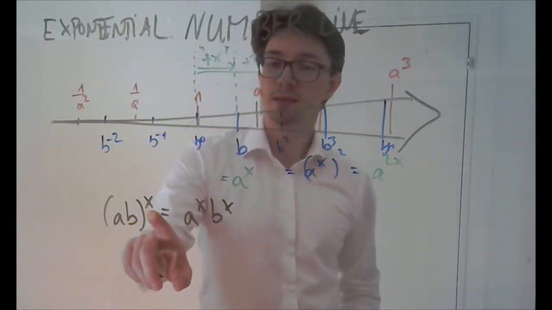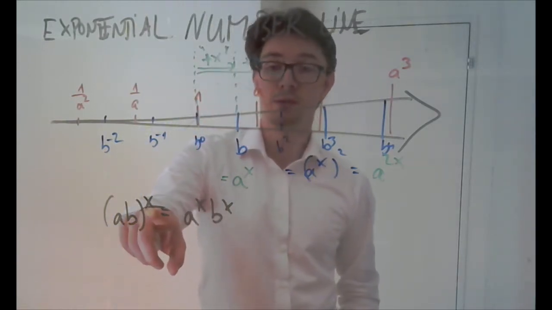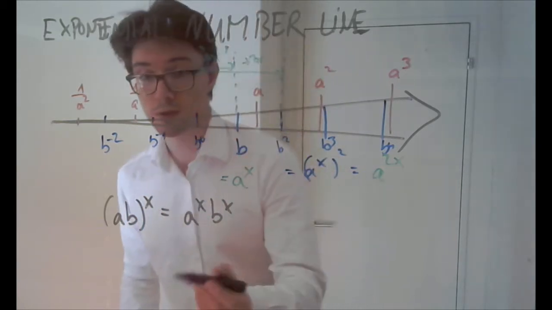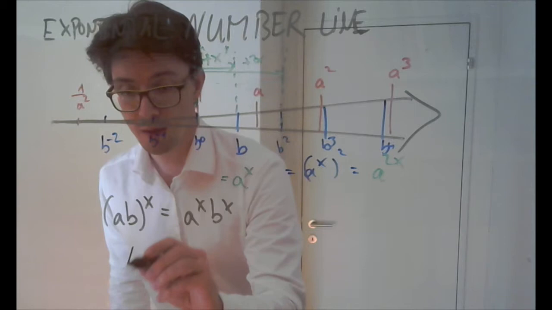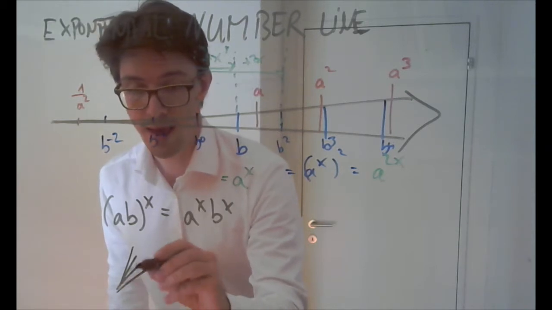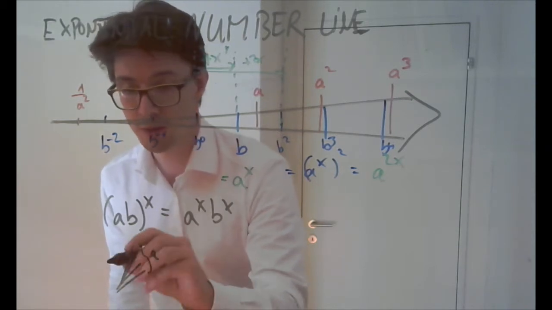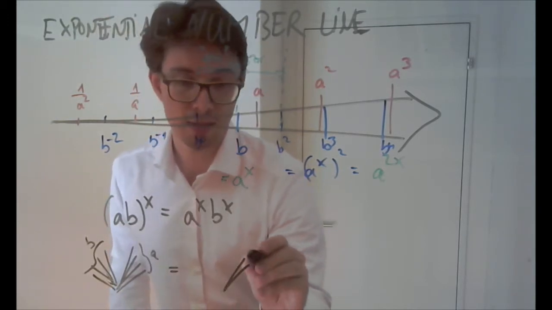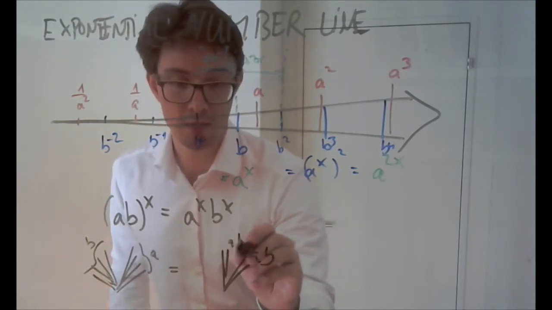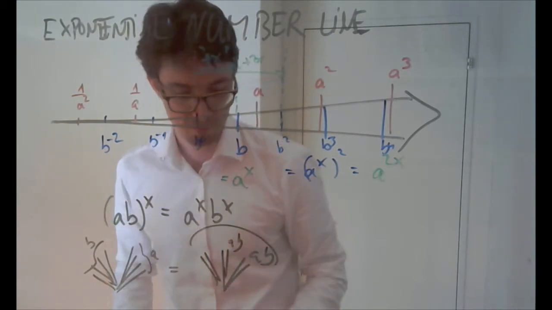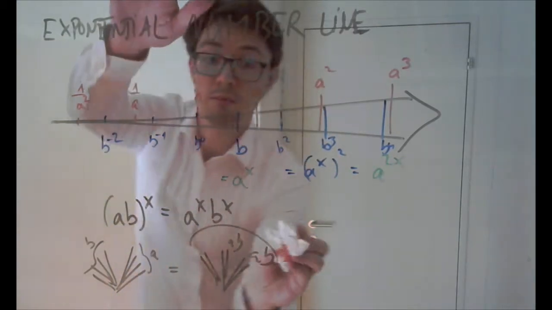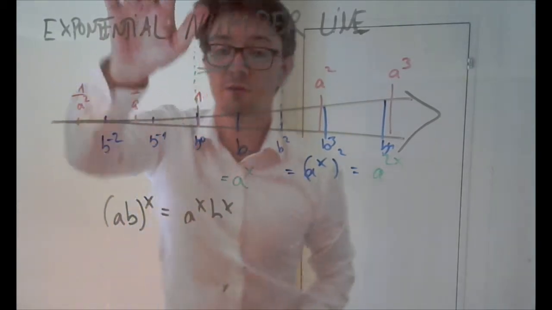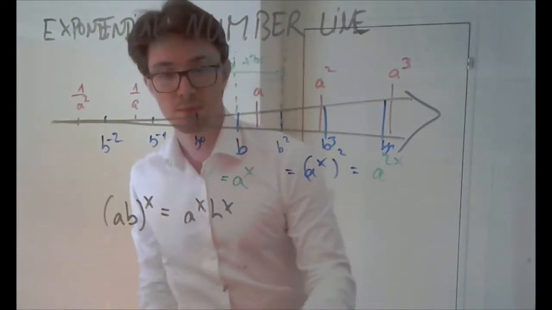And if x is a natural number, this was really not much of a surprise because, for example, n copies of A and then n copies of B is the same as n copies of AB. Just rearrange the factors. But actually, we now have a justification for this for any exponent x.